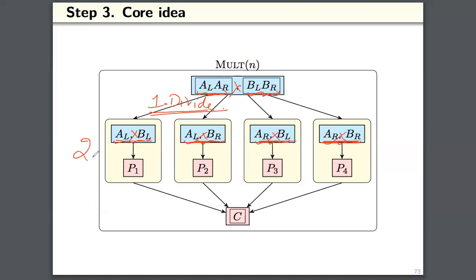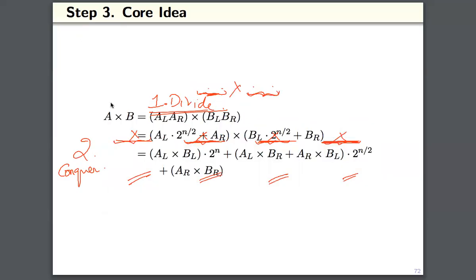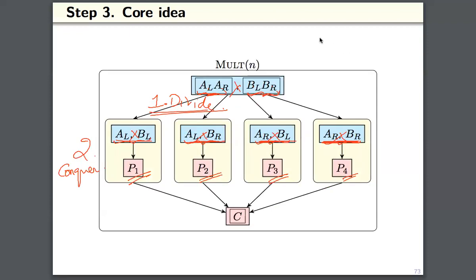So what is the conquer step? The conquer step is simple. Recursive calls. 4 recursive calls. At the end, you will have the product for subproblem 1, the product for subproblem 2, 3, 4. Now what do we do? AL, BL times 2 power n. You multiply this with 2 power n, and you add these together and multiply them with 2 power n by 2.